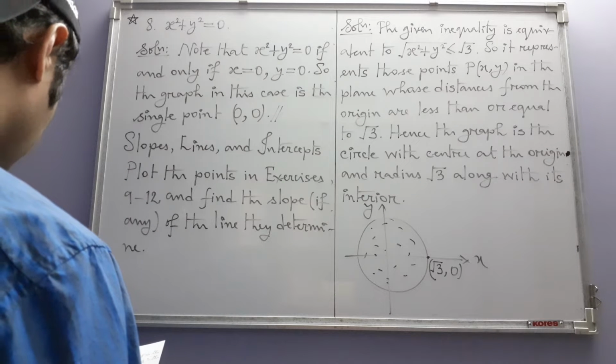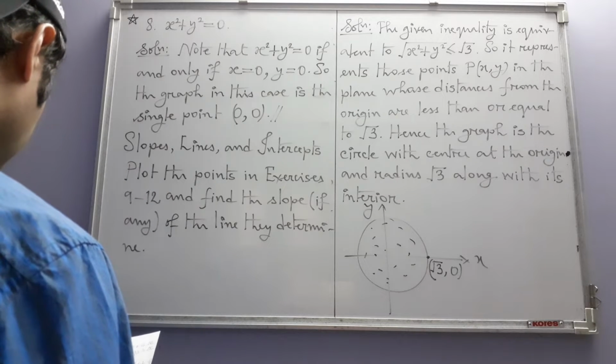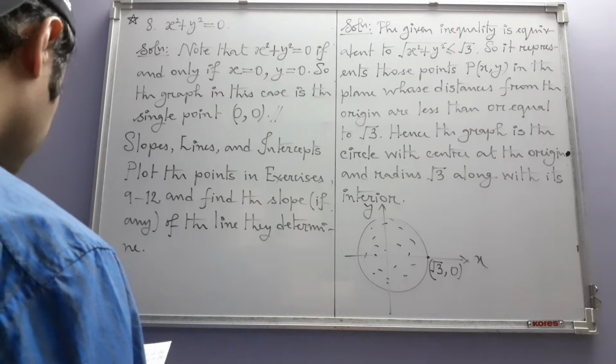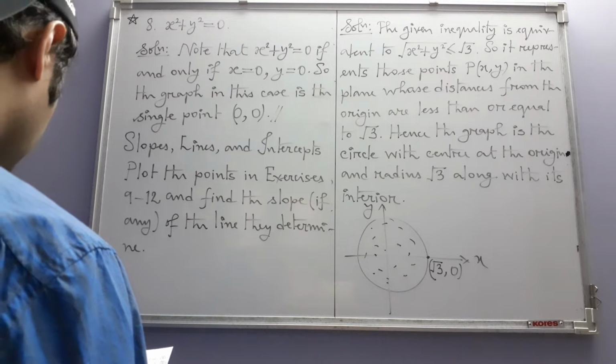Also find the common slope, if any, of the lines perpendicular to the line AB.